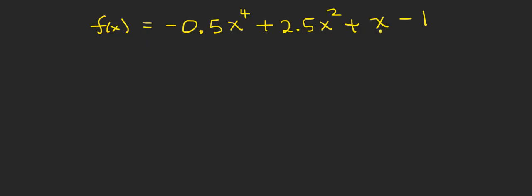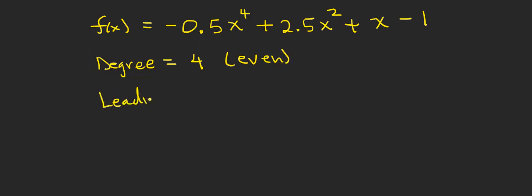So let's look at this polynomial. And how would the end behavior look? Well, the degree is 4, which is even. What about the leading coefficient?